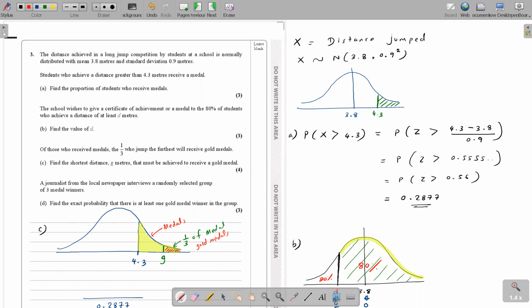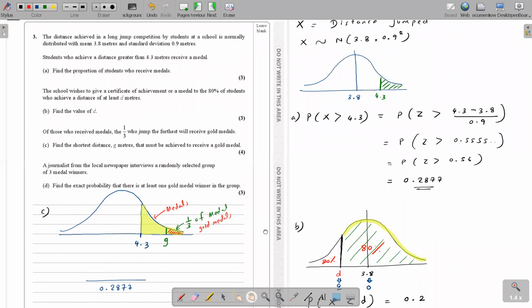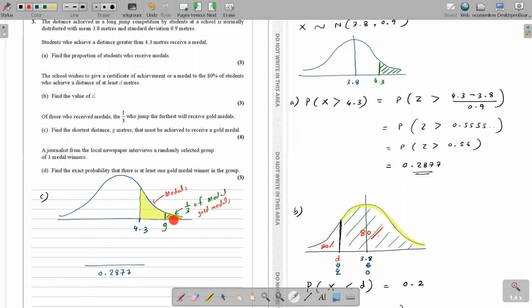Find the shortest distance G that must be achieved to receive a gold medal. So what is this red color area? The probability of getting a gold medal. Can't you immediately say it? It's 1/3 of the yellow color area. Are you guys with me?